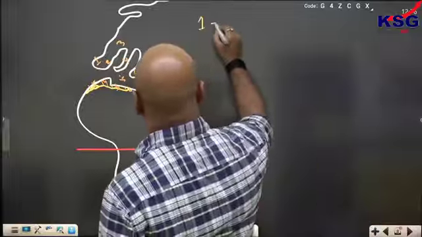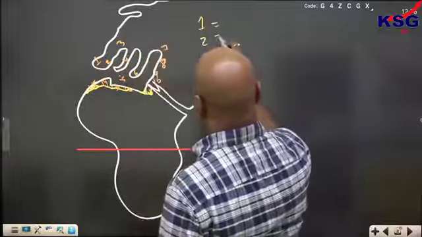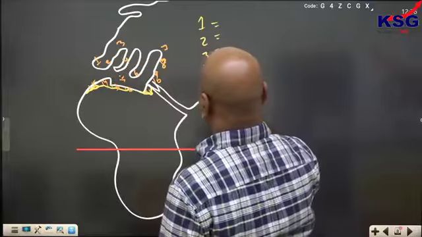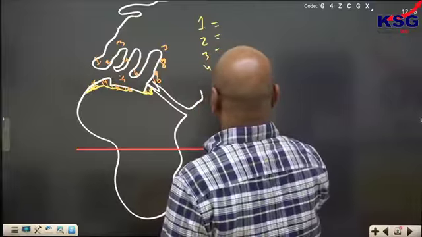Here one represents 1, 2, 3, 4, 5 and 6. They are in Europe.